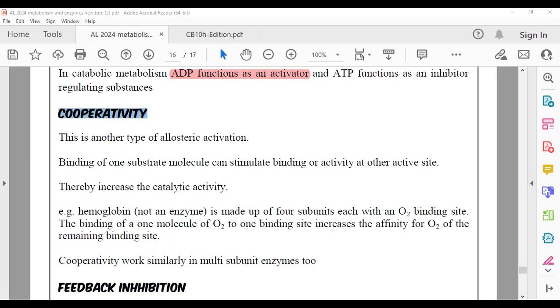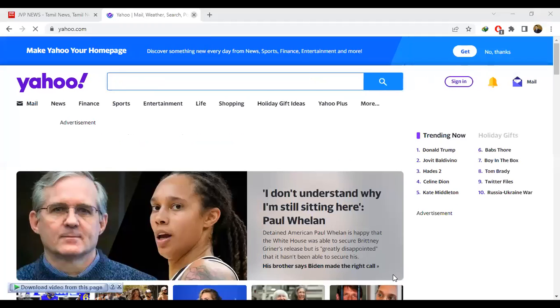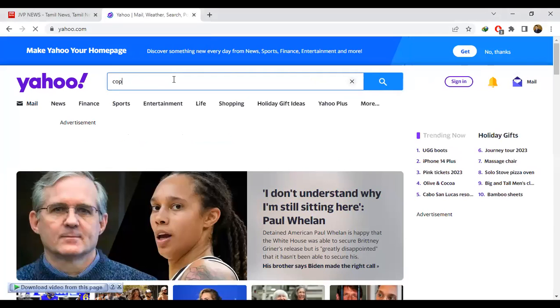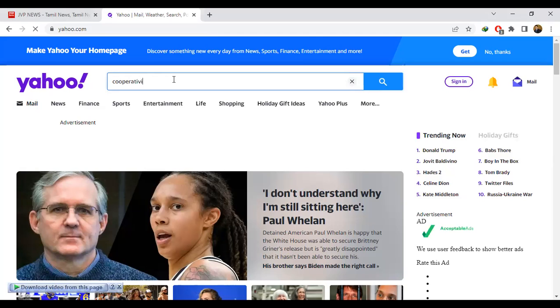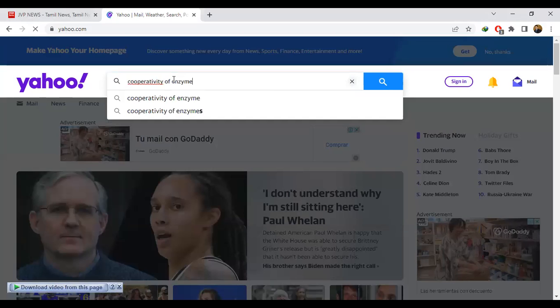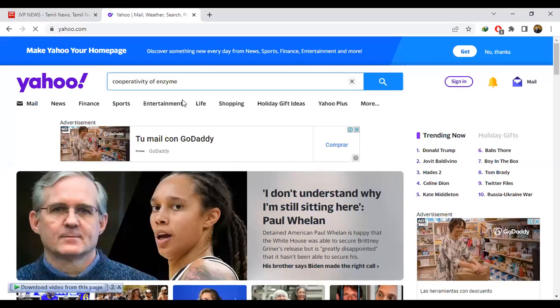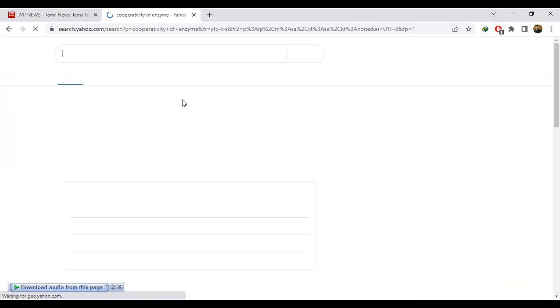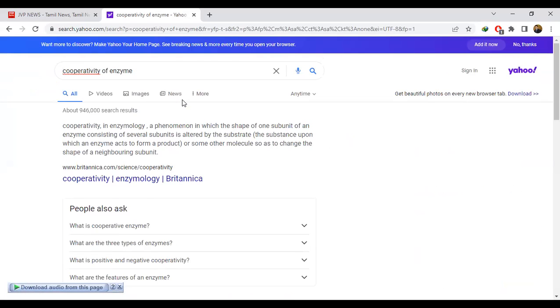In cooperativity, who is the regulatory molecule? Substrate. You children know. Substrate joins which place? Active site. Is there any other site needed for the substrate to join? No.